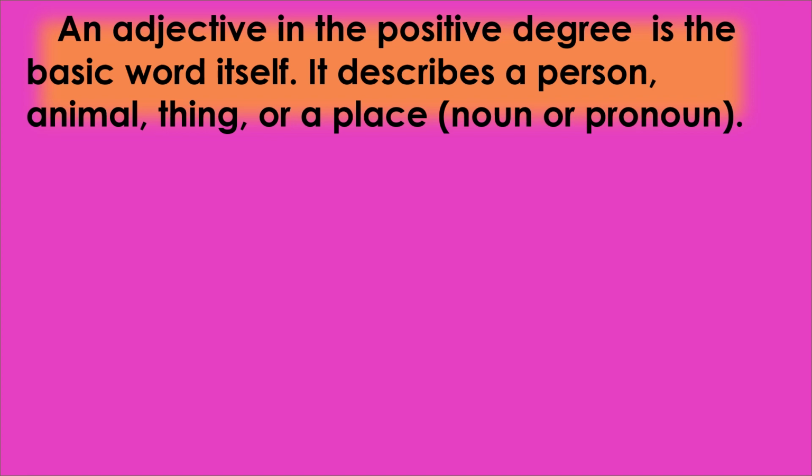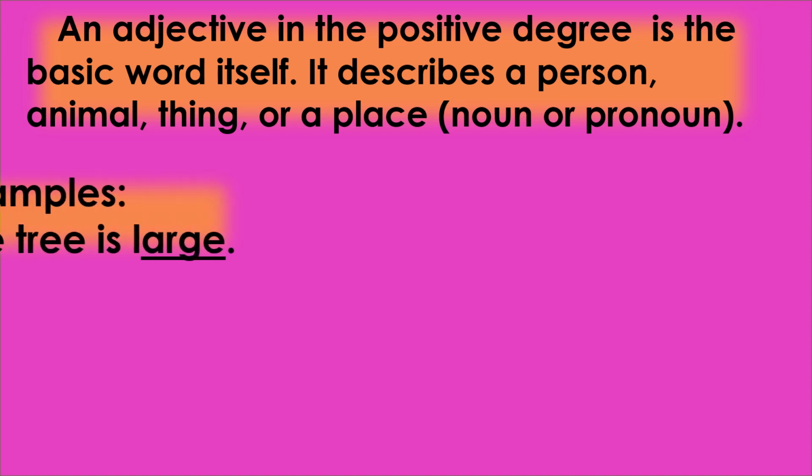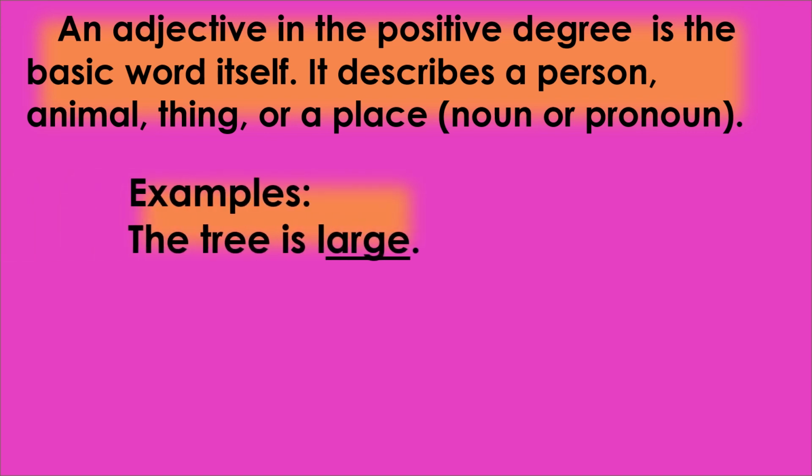It describes a person, animal, thing, or place, or noun or pronoun. Examples: the tree is large. The word large describes the tree. Large is in the positive degree of adjective because it describes one object, the tree.